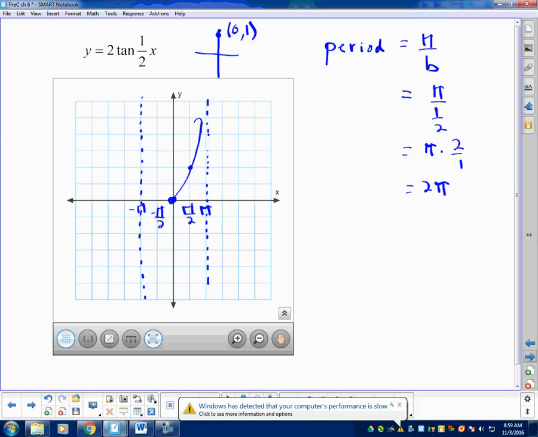Why are you using the coordinates for pi over 2 for like 0, 1? I'm plugging in pi over 2 because when I plug in pi over 2, I get pi over 4, which is a whole number. That's part of the reason why.